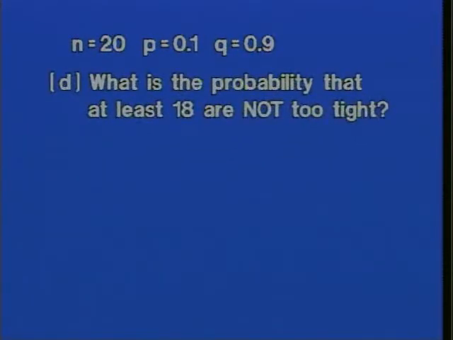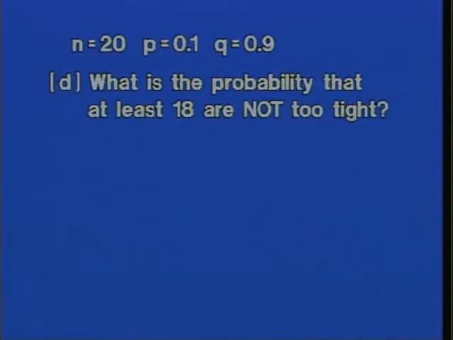What is the probability that at least 18 are not too tight? This is an interesting aspect of some problems where we're not actually looking for a success. We're basing our question on failure, not too tight. If we're going to use the table, we would like to restructure the problem and think of it in terms of success.